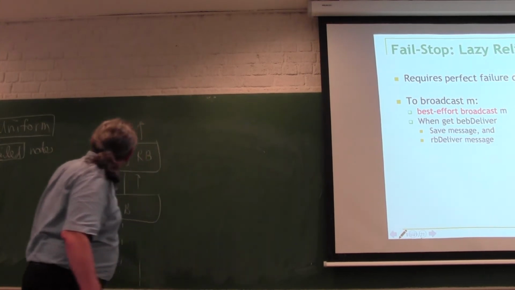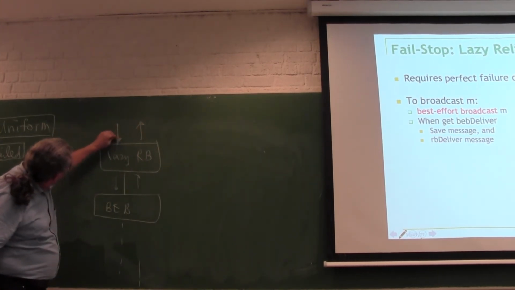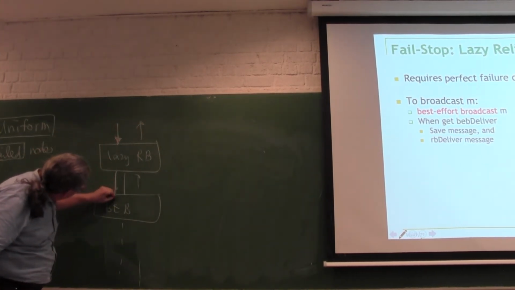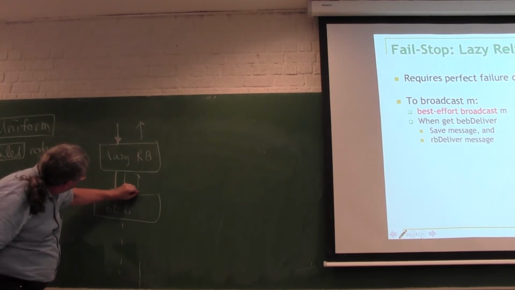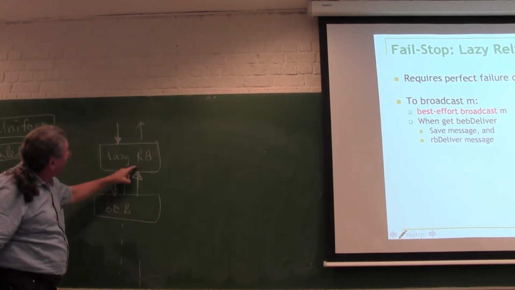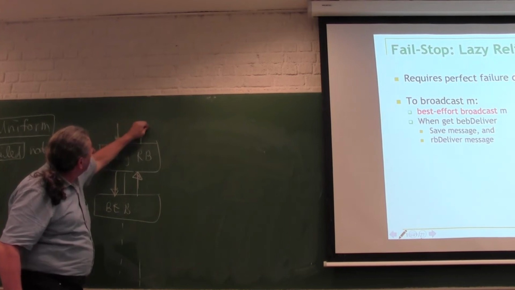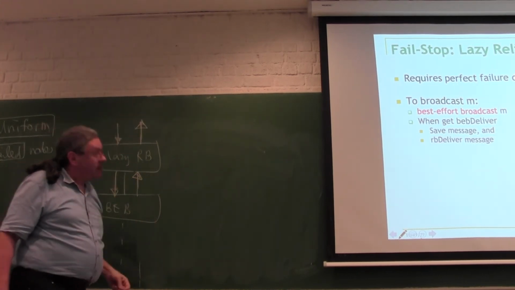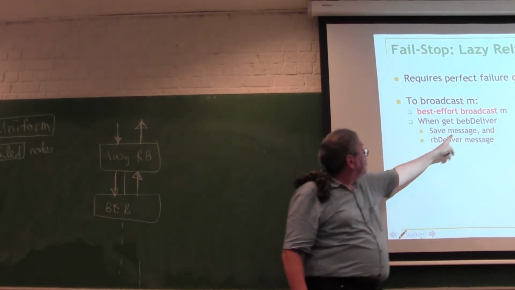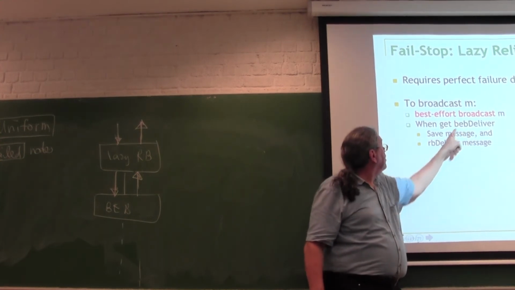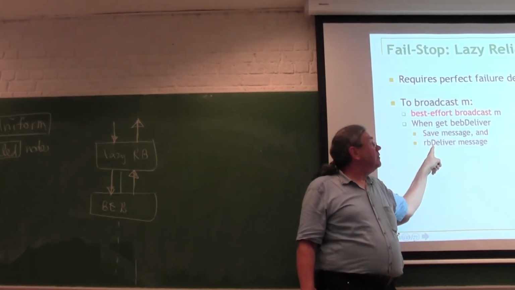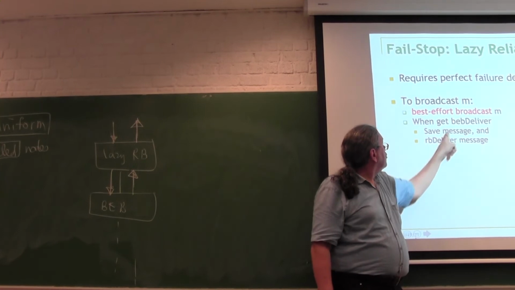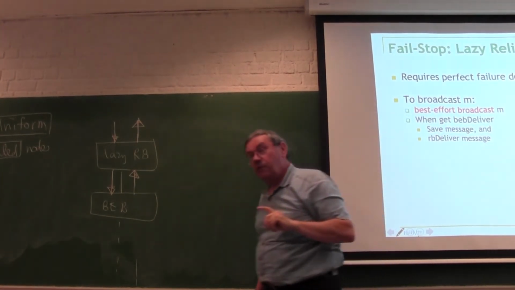So when I do a lazy reliable broadcast, I will do a best effort broadcast. Eventually there will be a best effort deliver coming up, and then I do a lazy deliver. Okay? You have to not be confused between best effort deliver and reliable deliver. Those two are different, huh?